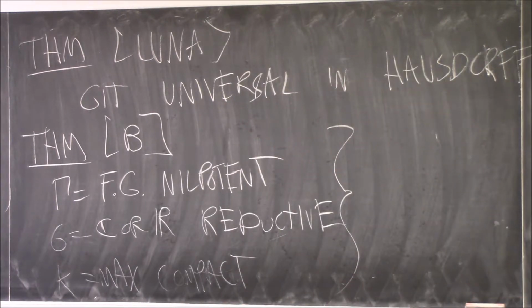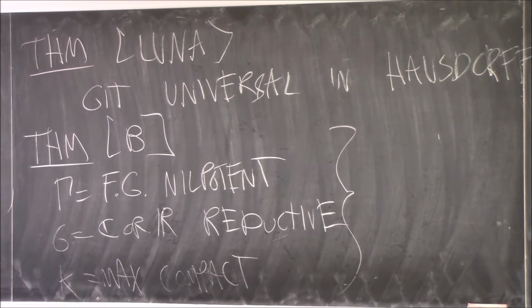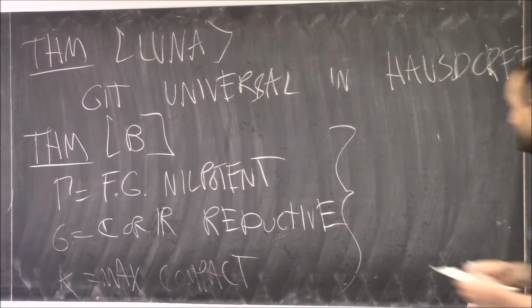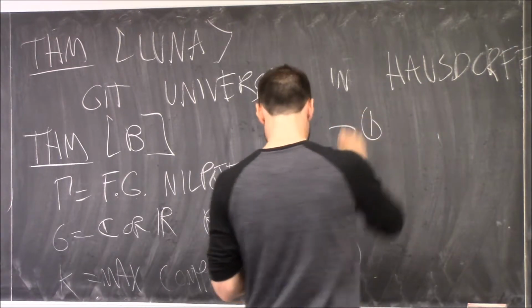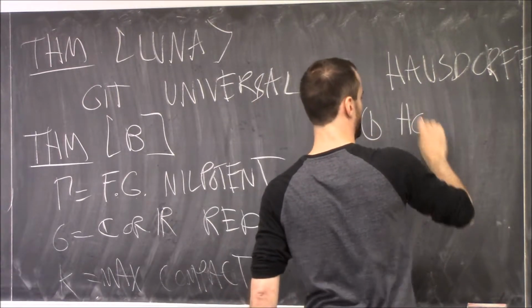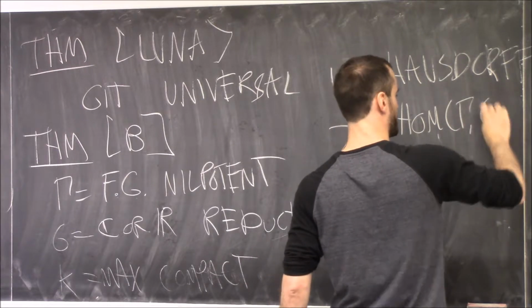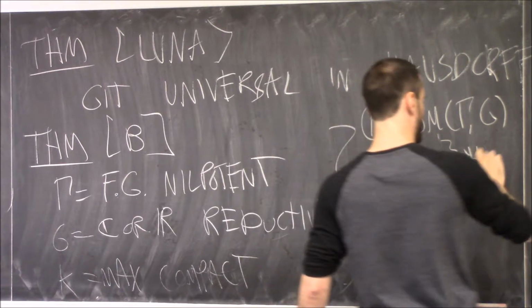The first is we get the same deformation as before, namely Hom(Γ, G) will retract onto Hom(Γ, K). And now we get a bonus result, which is that we get the same statement at the level of character varieties. So one, there's a deformation from Hom(Γ, G) to Hom(Γ, K).